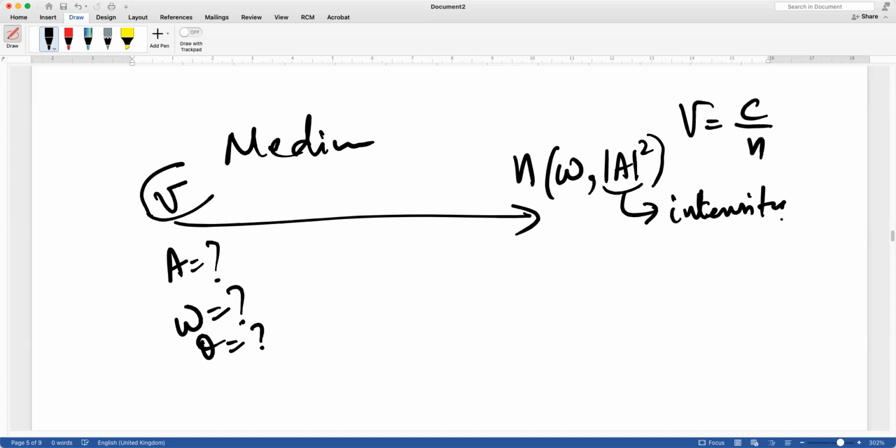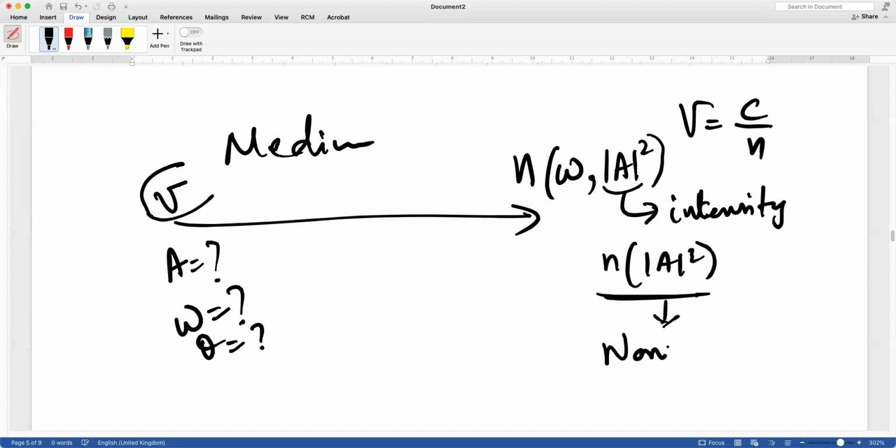This is called the intensity of the light. But this all comes to something later when you study physics in future, in engineering or optics. This whole thing, n depending on the intensity, comes in nonlinear optics.